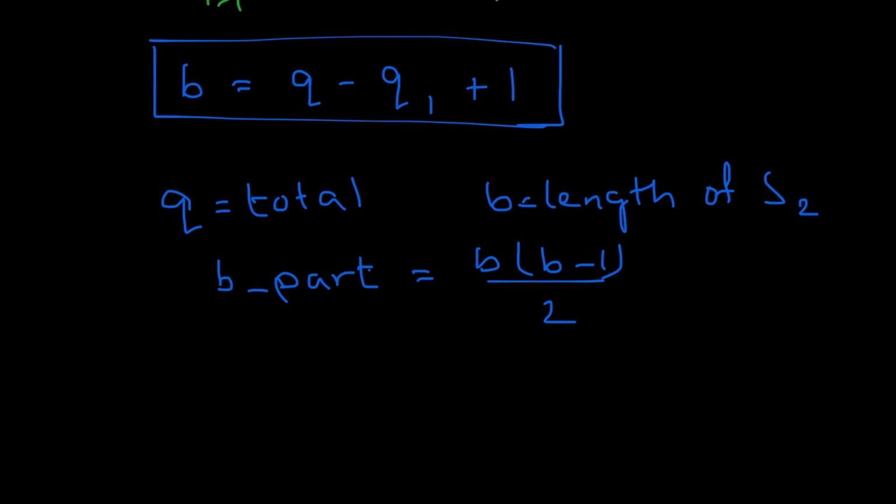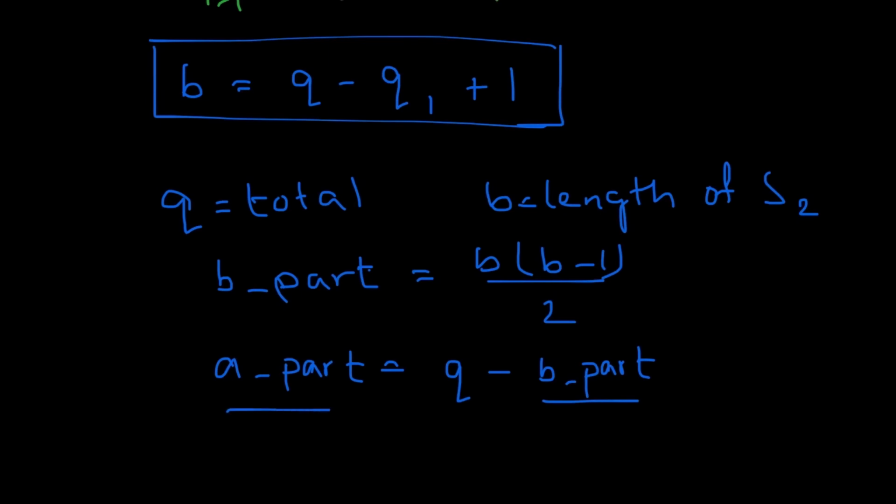Now from this I can also calculate how many inversions the A part will contain. The A part will contain Q minus the B part inversions, right? The total number of inversions is Q, this is the inversions in the B part, and so if I subtract this, I will get the inversions in the A part.